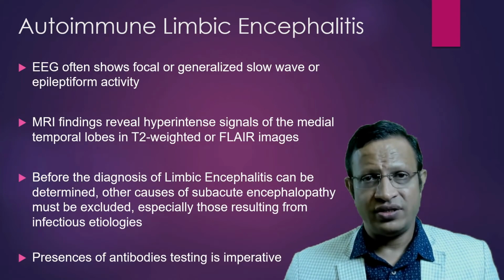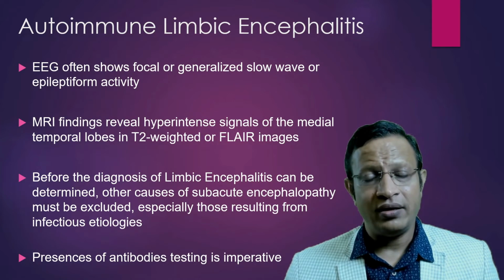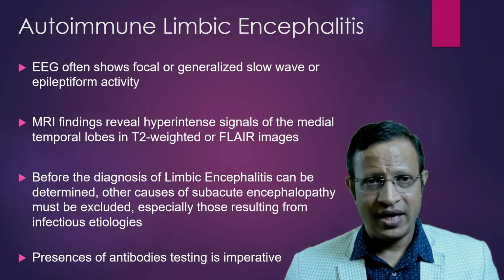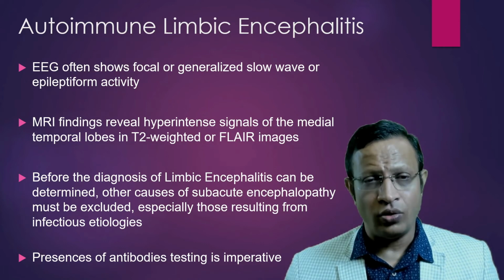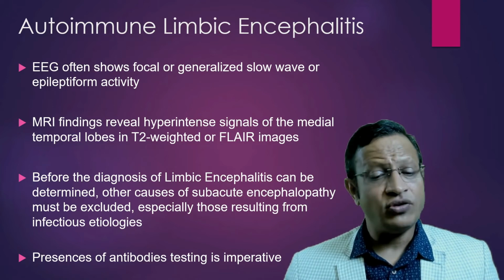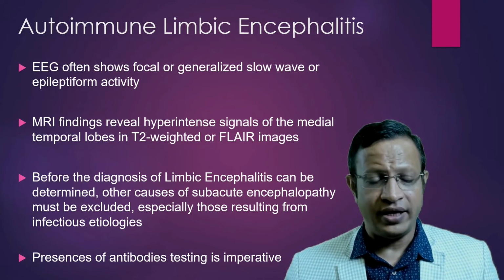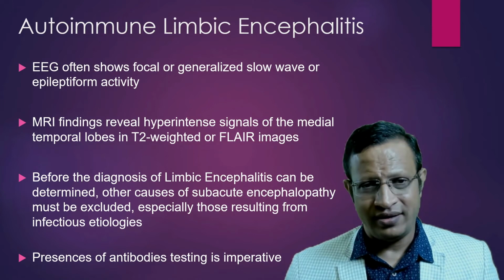EEG often shows focal or generalized slow waves or epileptiform waves. MRI findings reveal hyperintense signals of the medial temporal lobes in T2 weighted or FLAIR images. Before the diagnosis of limbic encephalitis can be determined, other causes of subacute encephalopathy should be excluded.